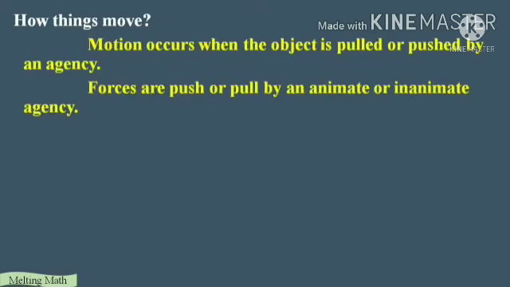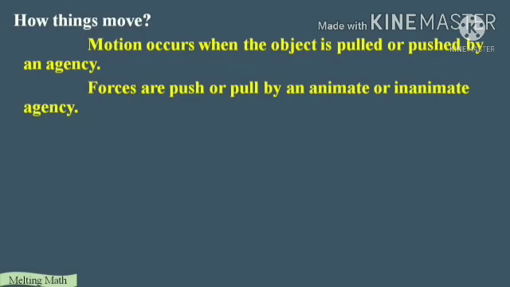Next, how things move. Motion occurs when the object is pulled or pushed by an agency. Forces are pushes or pulls by an animate or inanimate agency. Here, animate means contact force.